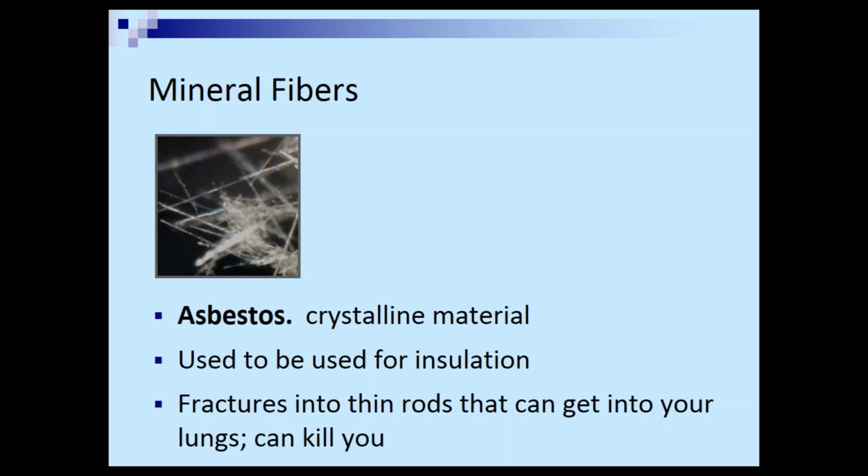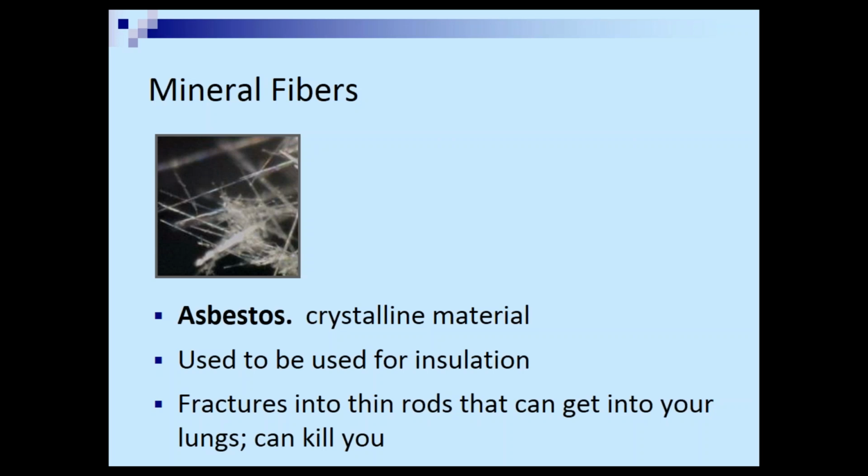Asbestos was used as insulation. So if you have a very old building that had asbestos insulation and you start tearing down that building, then it releases these asbestos fibers into the air, which are very dangerous.